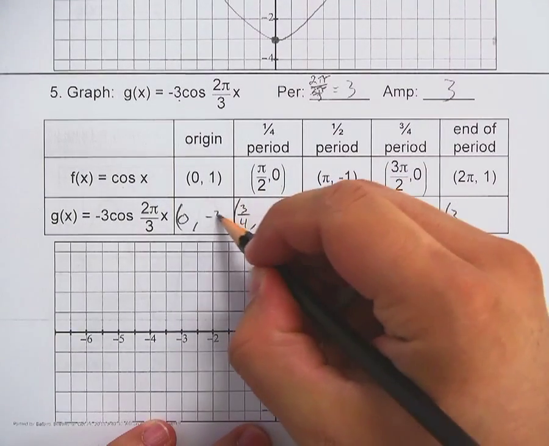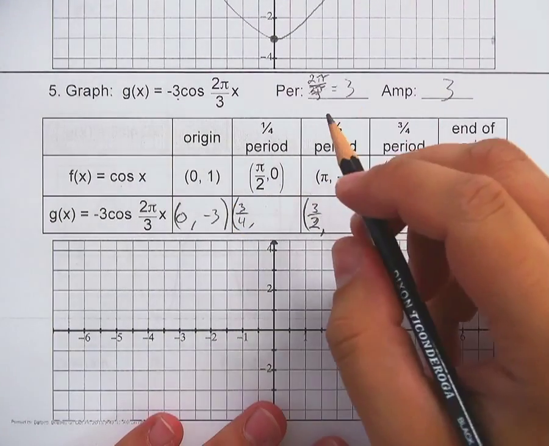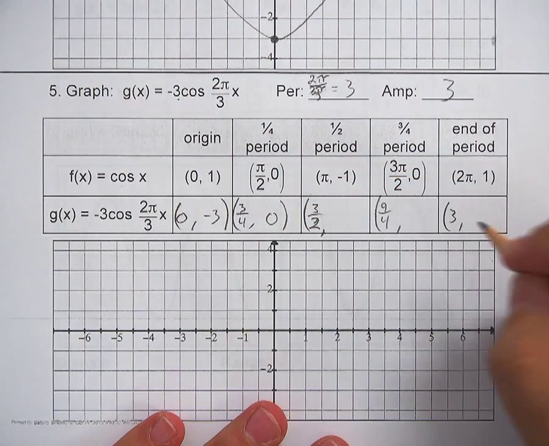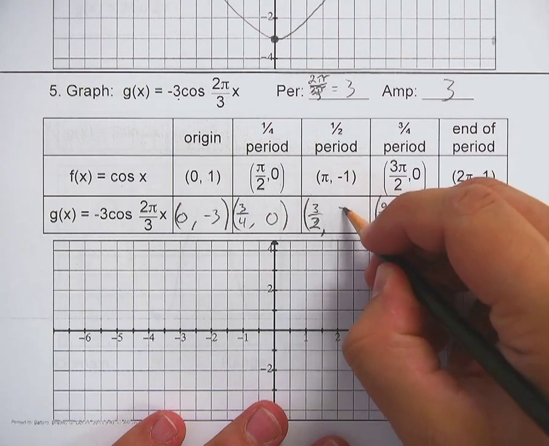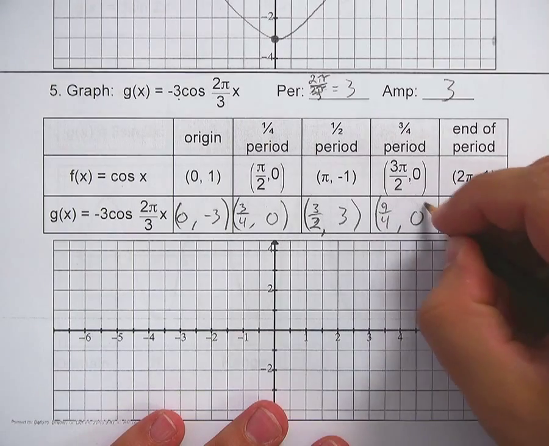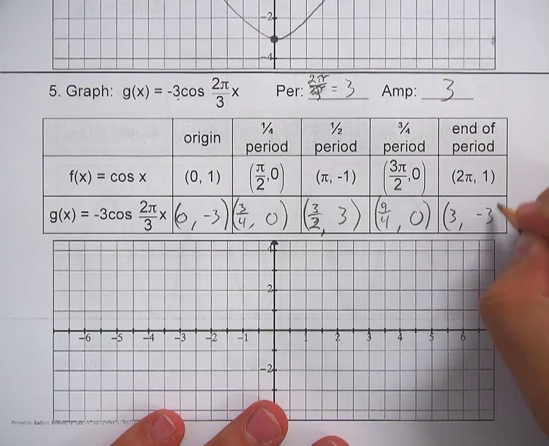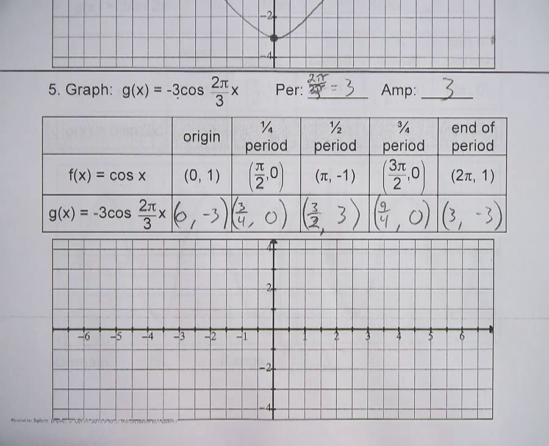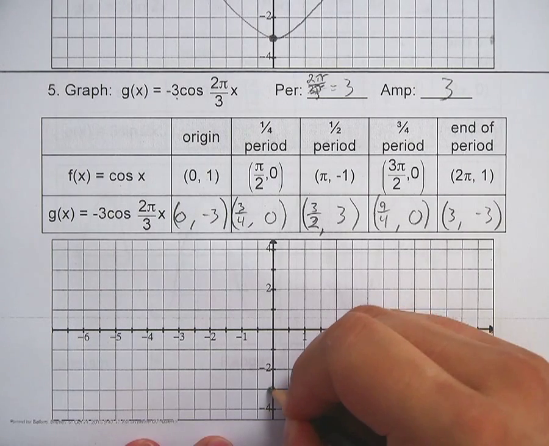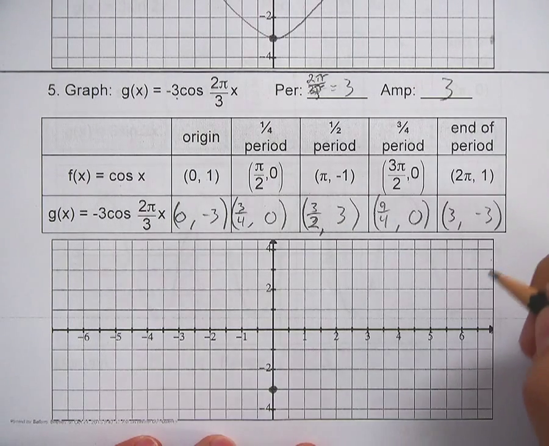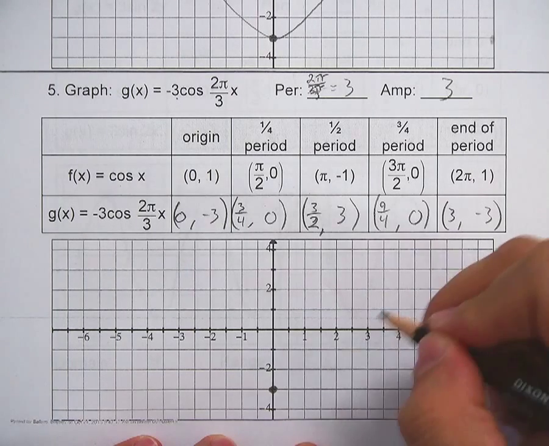Plug in a 0, you get -3. Ding. Plug in 3/4, you get 0. Plug in 3/2, you get 3. 9/4, you get 0. 3, you get -3. All right, let's go through and plot this. Now with this one, you're going to have to be pretty careful as far as where you're going in here.